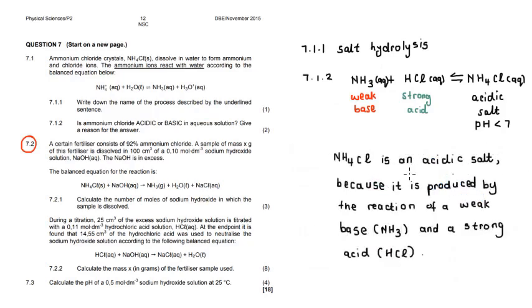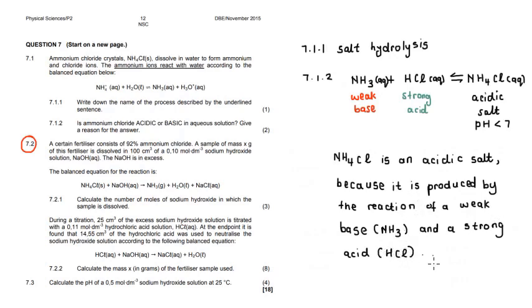So this question also said we need to give a reason for our answer as to why the solution of ammonium chloride will be acidic or basic. We said that it's going to be acidic, and the reason is because it's produced by the reaction of a weak base, ammonia, and a strong acid, hydrochloric acid.